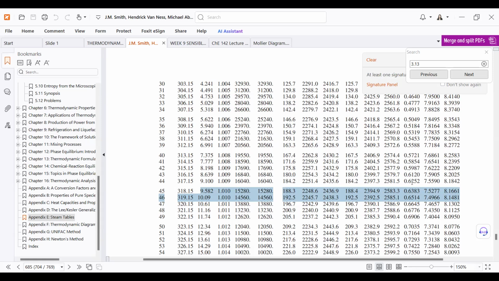So that means to get an entropy of 6 point something, that should be a mixture of liquid and vapor. So we know now that isentropic expansion results in wet steam.